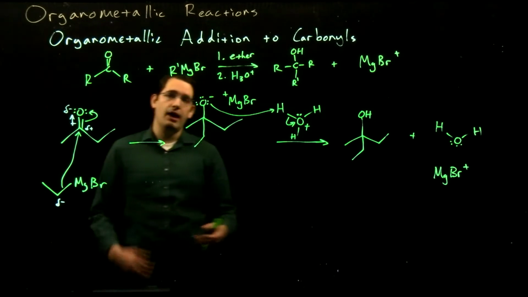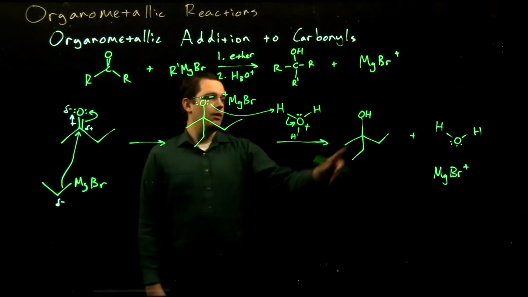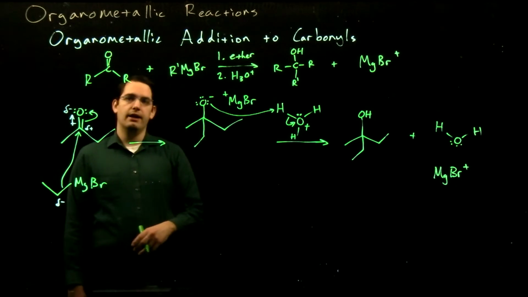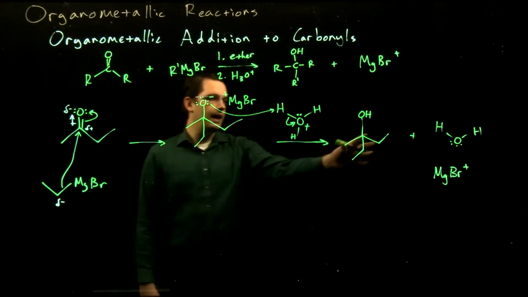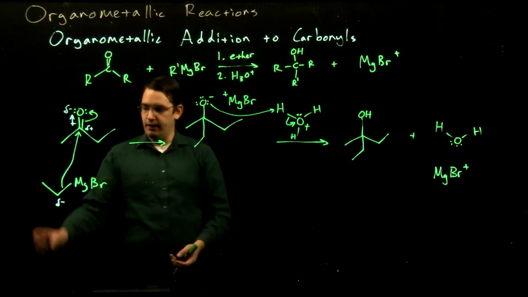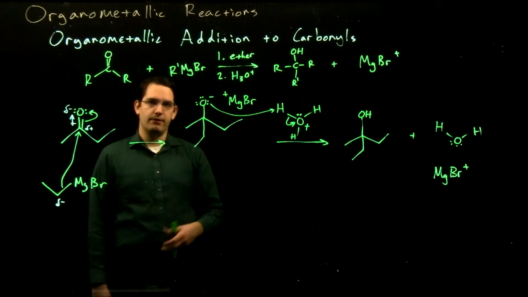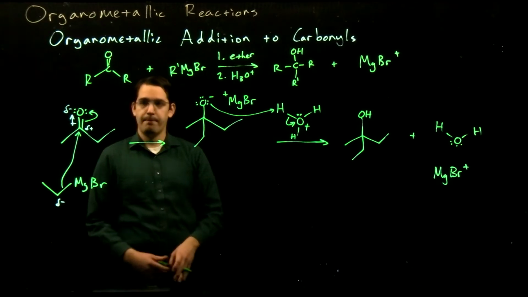So it's very valuable to have these sorts of reactions where we're able to add on additional carbons. We started with a 4-carbon molecule and we end with a 6-carbon molecule as we add on the 2 carbons from our Grignard reagent.